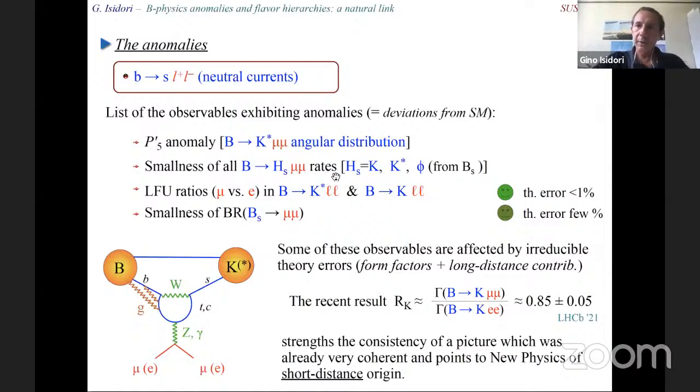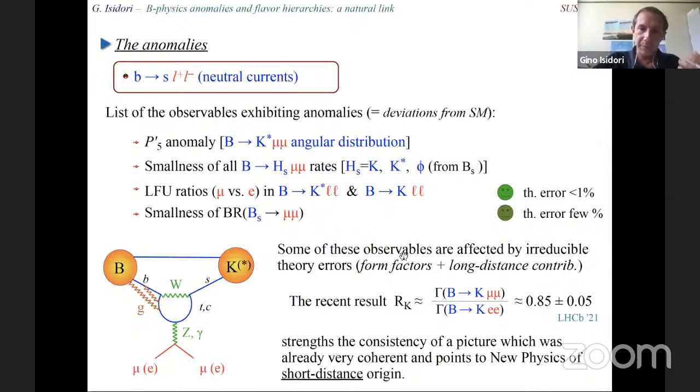Also, the branching ratios are more complicated to discuss. But what now drives the significance are these lepton flavor universality ratios, so the ratio between the mu and the electron rate in B to K star and B to K decays, where the theoretical error is very small. At the same time, we also see a smallness of the branching ratio of Bs to mu mu, which is also something that we can control theoretically quite precisely.